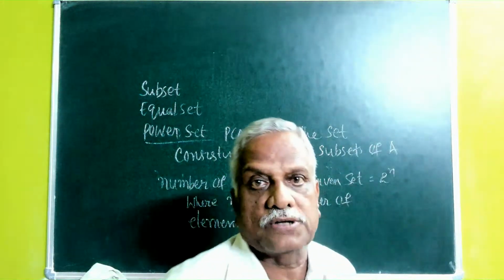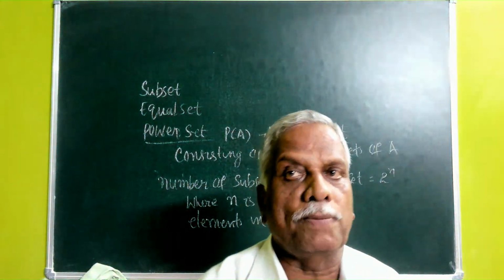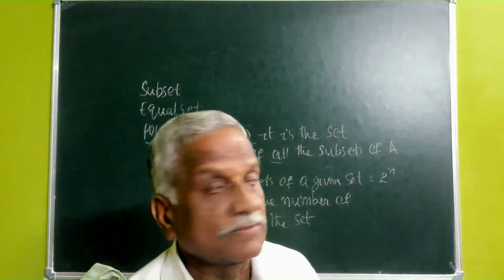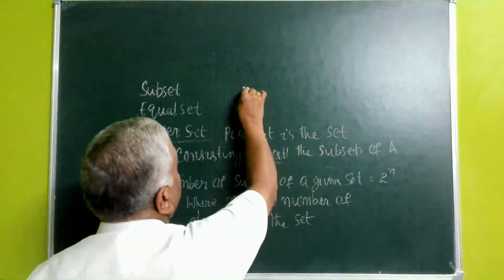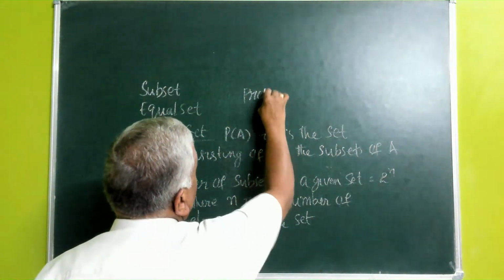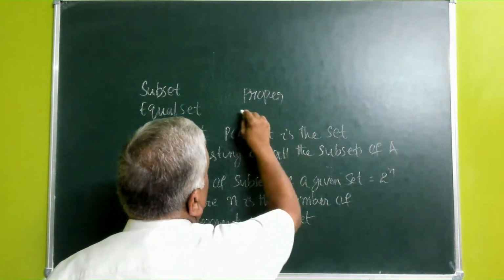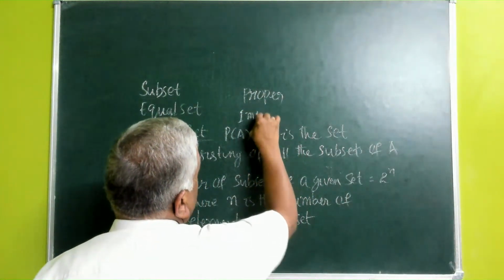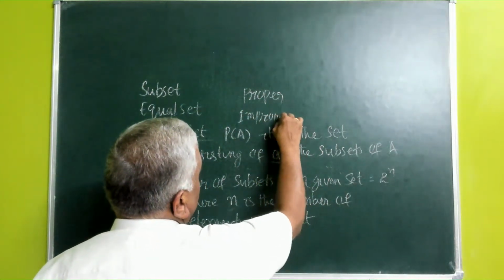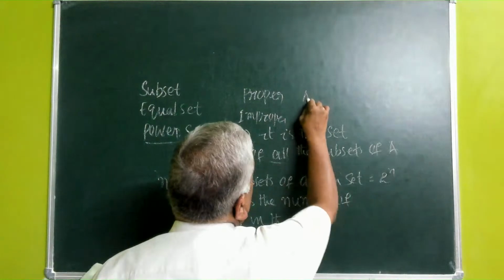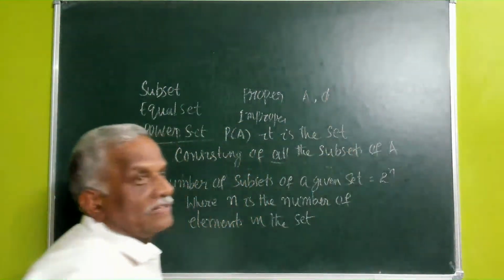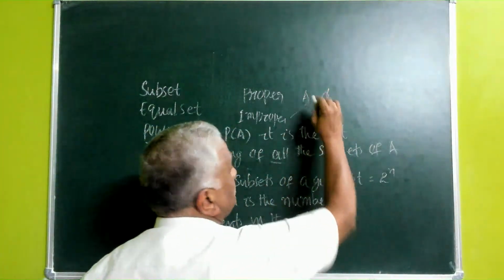We have proper and improper subsets. What is a proper subset and what is an improper subset? Just remember the set A and the null set, they are called improper subsets.